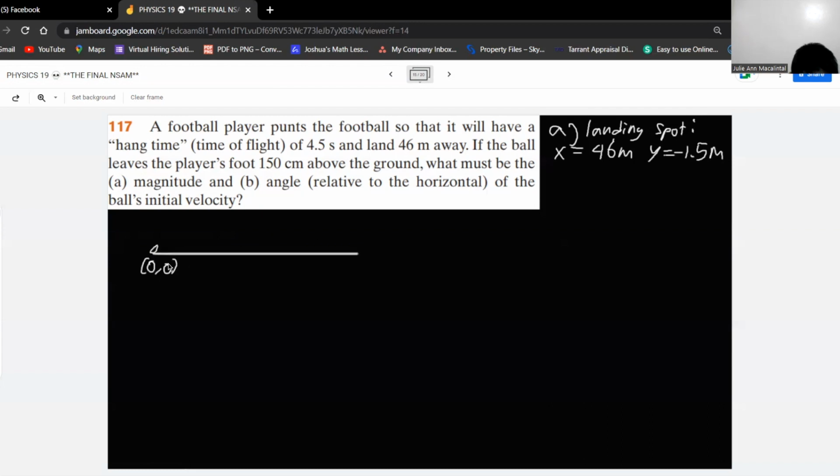If a ball leaves 150 cm above the ground, so hindi siya 0-0.